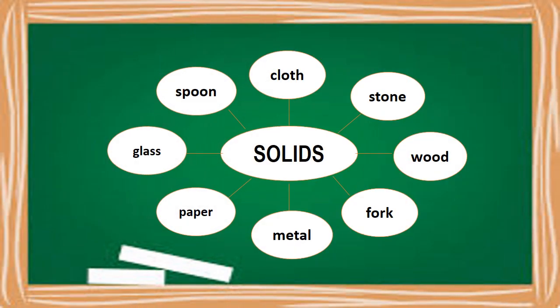Very good, children. Your answers are correct. Let us read the different examples of solid materials: spoon, cloth, stone, wood, fork, metal, paper, glass. There are still a lot more examples of solid materials that can be found in our surroundings.